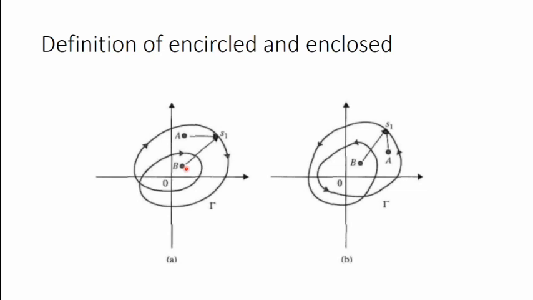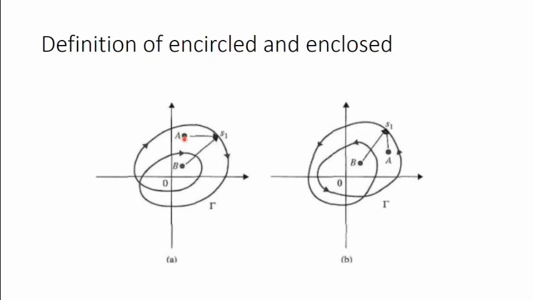For example, let us consider point A and point B. In order to know the number of encirclements, we draw a straight line from that particular point to any point on the curve, in this case S1.